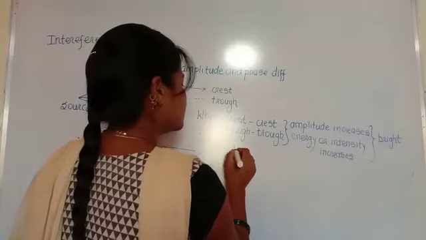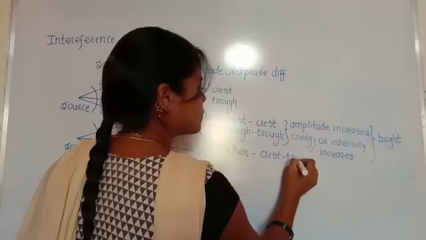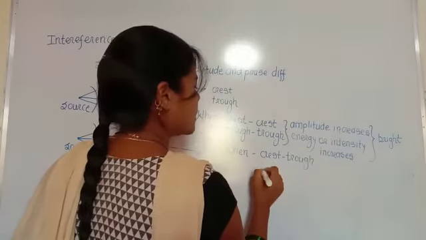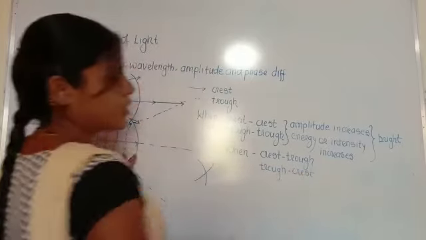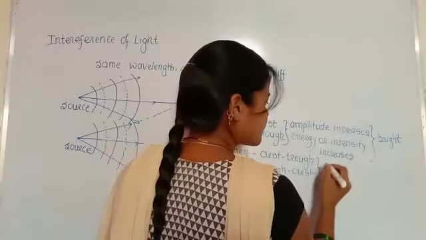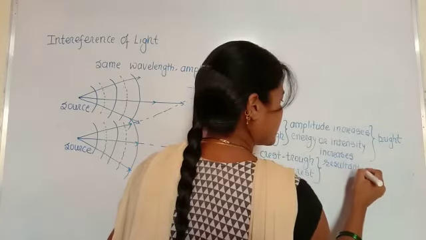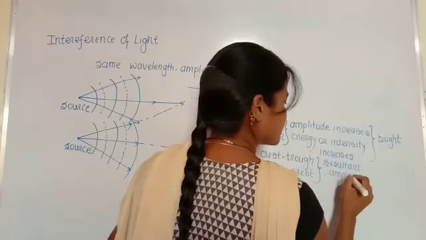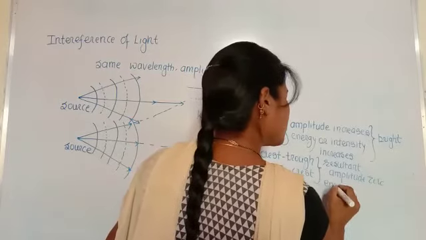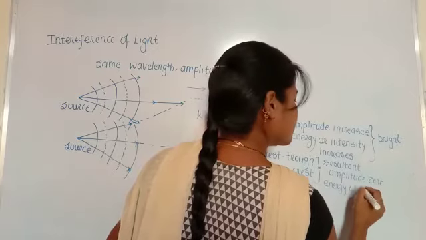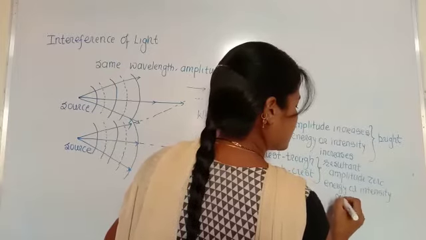And when the crest of one wave falls on the trough of the other wave, or the trough of one wave falls on the crest of the other wave, at this time the resultant amplitude becomes 0 and the energy or intensity becomes minimum.